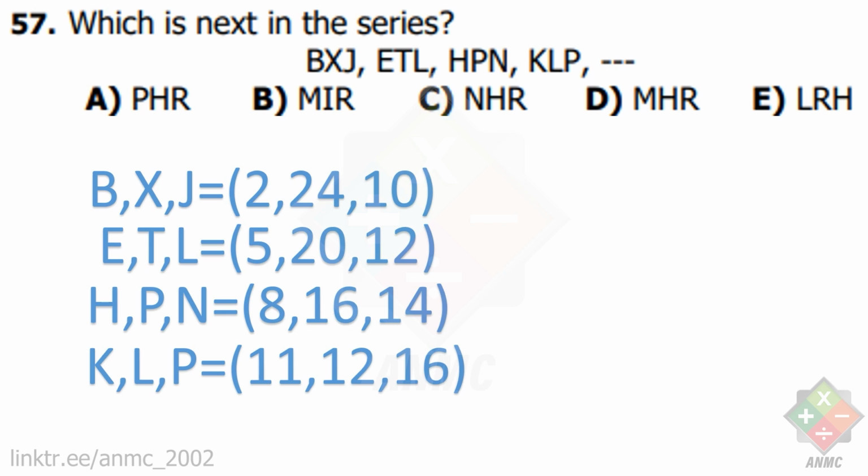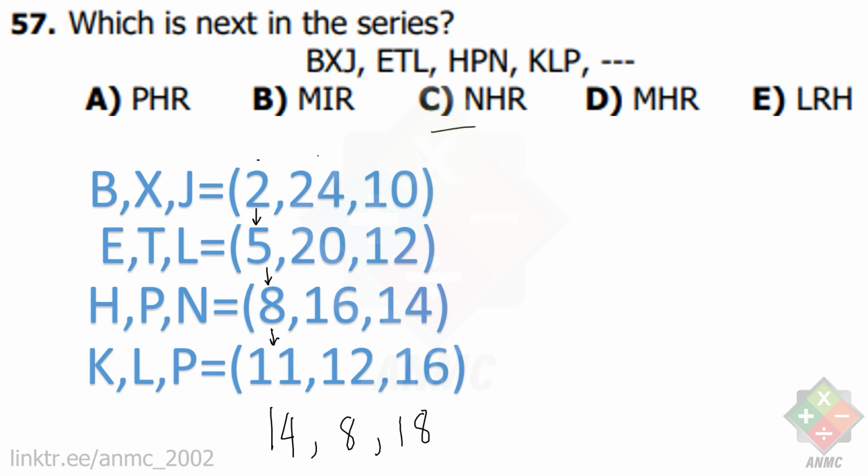This question is related to positions of letters in the alphabet. B is 2, X is 24, J is 10. Let's go like this. And then there is a pattern. 2, 5, 8, 11, and 14. 24, 20, 16, 12, and 8. 10, 12, 14, 16, and 18.